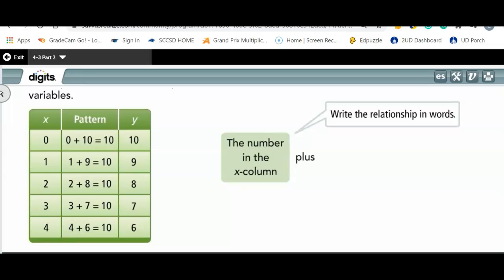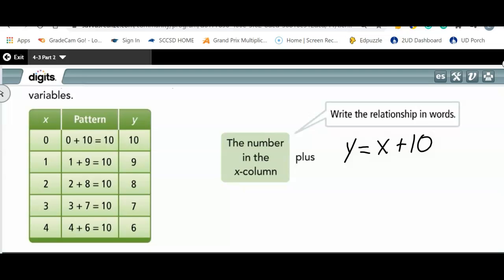All right, who has an equation for this table and graph? Y equals X plus 10. Can we check and see if our equations work? Yeah, we're going to plug in numbers that are in the X. They have to equal the Y in this case. So when X is 0 plus 10, is the Y correct?